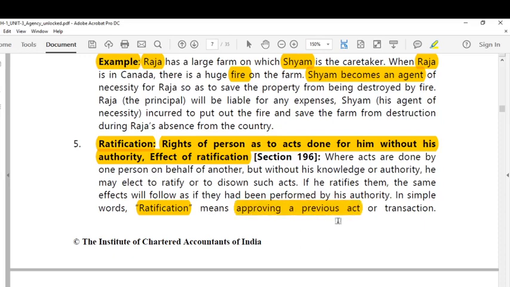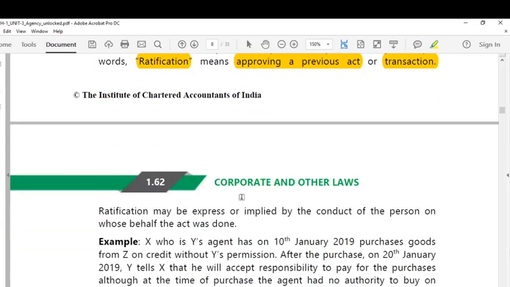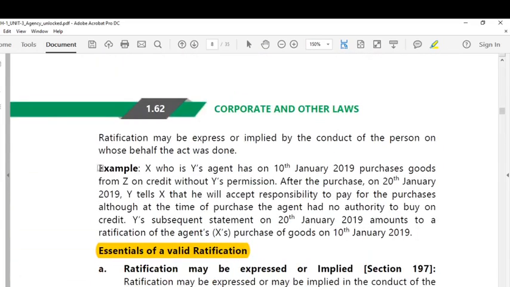Ratification means approving the previous act or any transaction. Right, if you see this example, you will understand very easily. X, who is an agent, Y is a principal, has on 10th January 2019 purchased goods from Z, a third party, on credit without Y's permission.